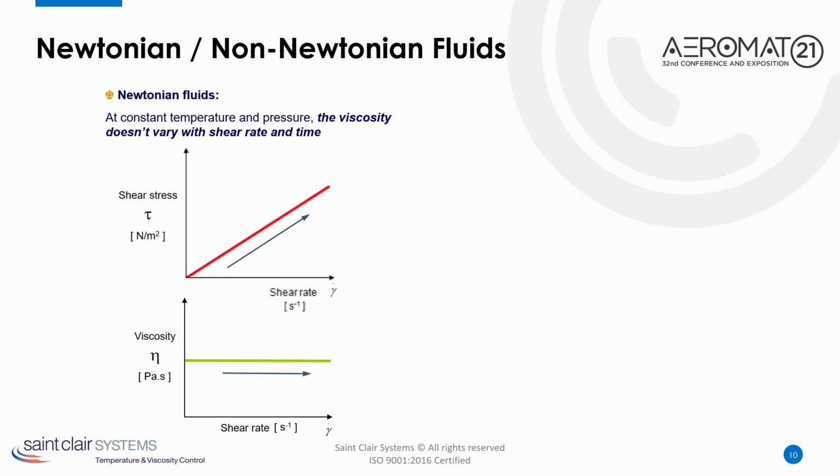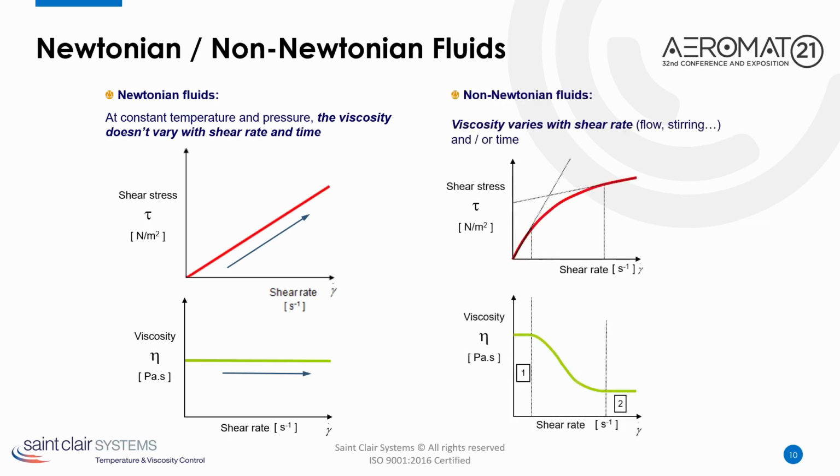Water is a common example, but this feature is important in other fluids as well. Motor oils, for instance, where the lubrication efficiency must not degrade when it's placed in shear, like between two rubbing metal parts. Non-Newtonian fluids, on the other hand, show a significant change in viscosity when they're placed in shear.